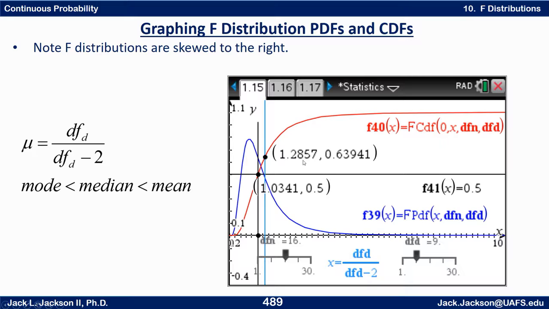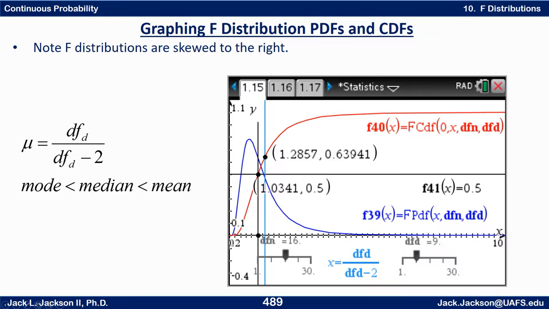Here the degrees of freedom numerator DF1 is 16 and the denominator DF2 is 9, so we get 1.2857 from this formula, and there's the corresponding y.